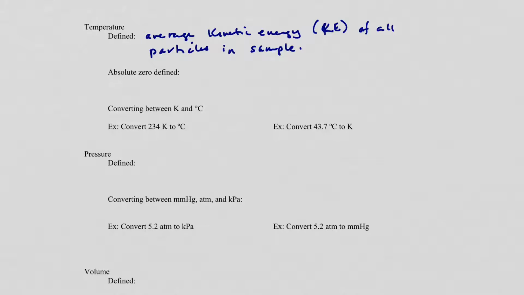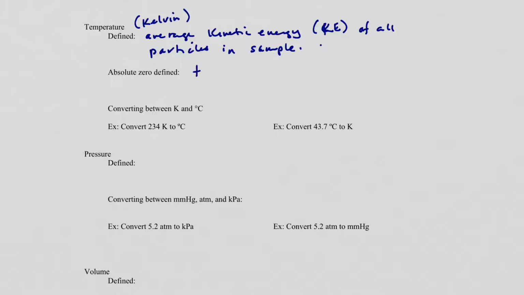Individual particles could be moving at different speeds, with different kinetic energy, but overall there's an average kinetic energy, and that is what is measured as temperature, but not just any temperature, specifically Kelvin temperature.